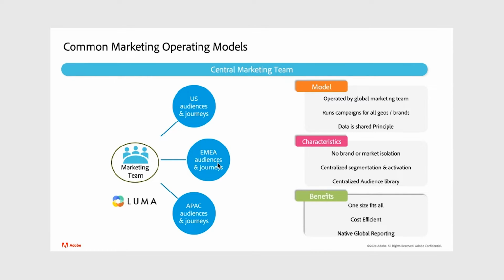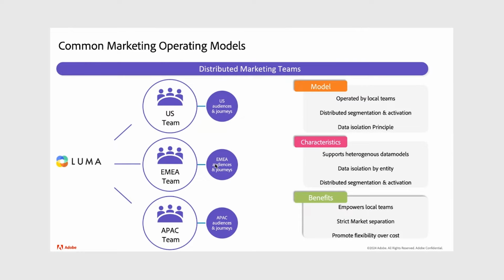Of course, it does not fit well for companies that have maybe a longer history, that have been created and then acquired other companies over time. And those kinds of companies mostly adopt a distributed management model where they have different teams to address different brands, different lines of business, or different geos.